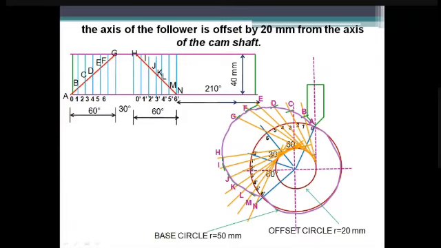So first, from the degrees, the 6 splits, how are you going to take? That is offset. So from that point, we have to divide 6 degrees through the base circle. Then taking the distance from the base circle, we draw the arcs we put previously, and drawing through all the points we can get some profile. This is called a cam profile for the offset circle of 20 mm. We should draw the 20 mm circle first.